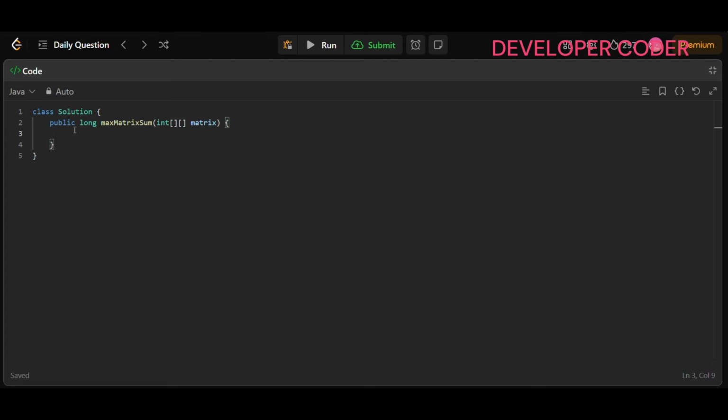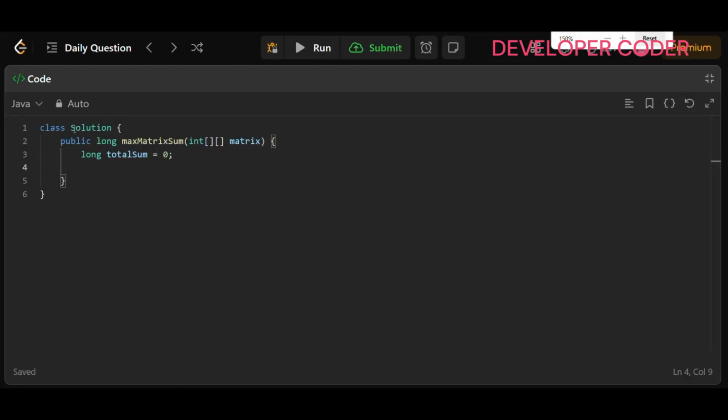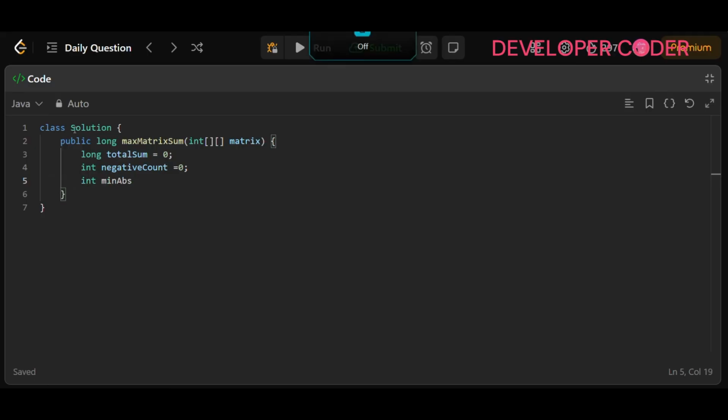So just write long total sum is equal to 0, negative count is equal to 0, and minimum absolute value is equal to the max value of integer, Integer.MAX_VALUE.